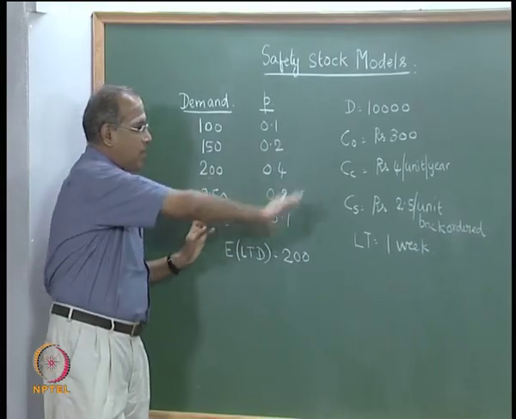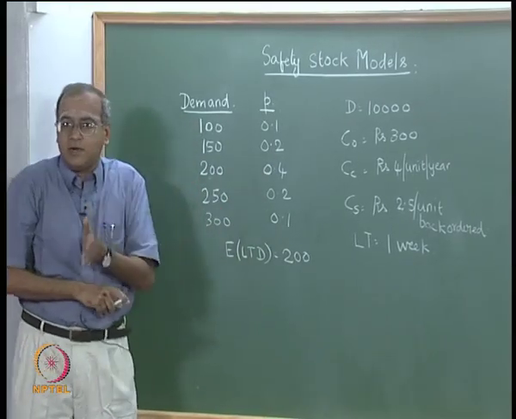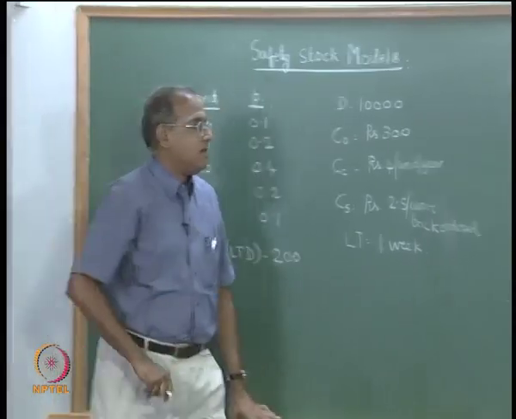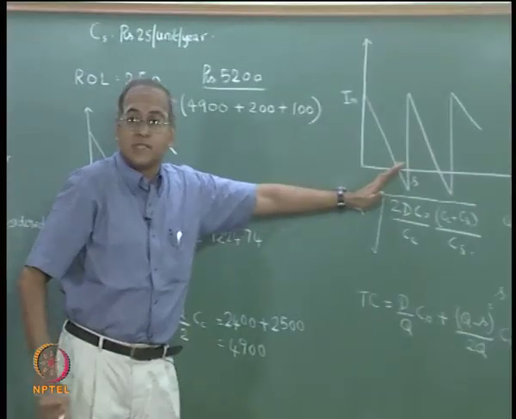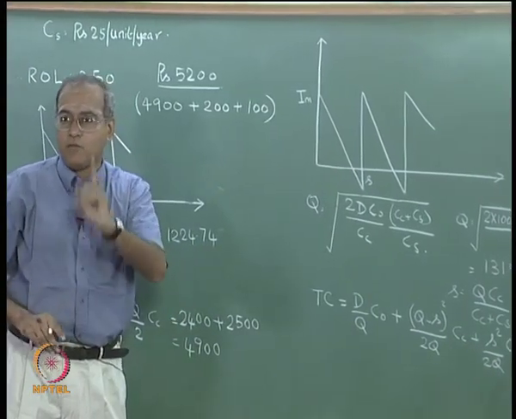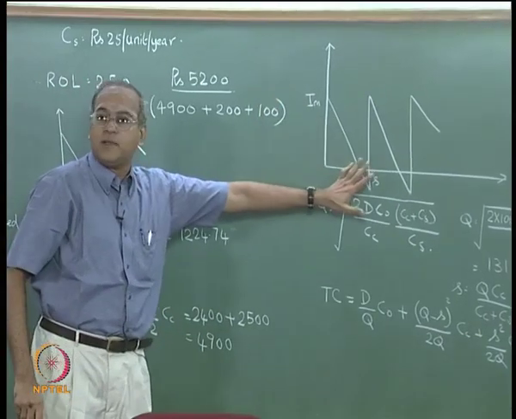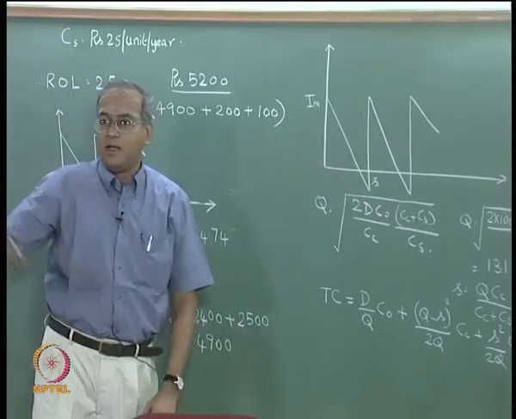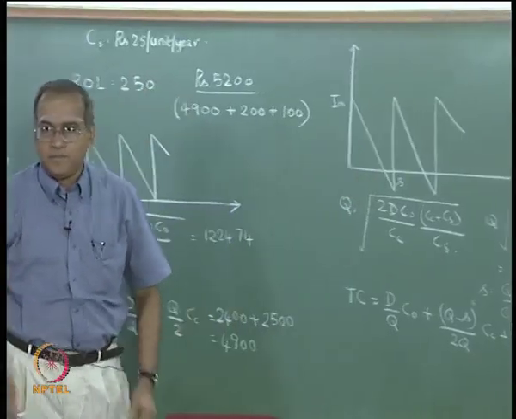So this is a probabilistic inventory model where demand can exceed the expected value with certain probabilities. Here the demand does not exceed D, demand is D all the time with the probability of 1. So this is a purely a deterministic model, but then one needs to understand the difference between this model as well as the other model.